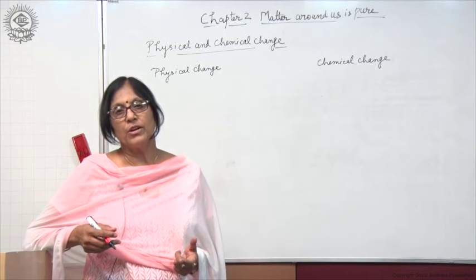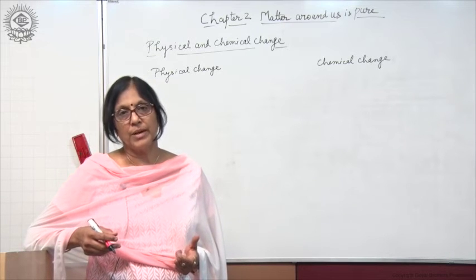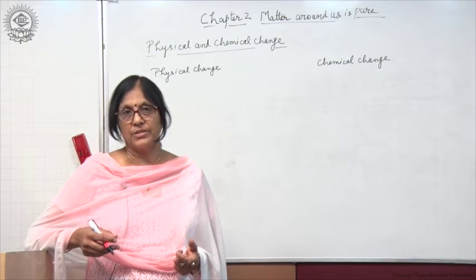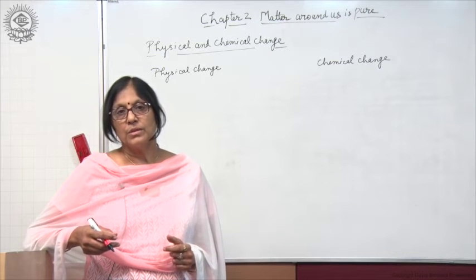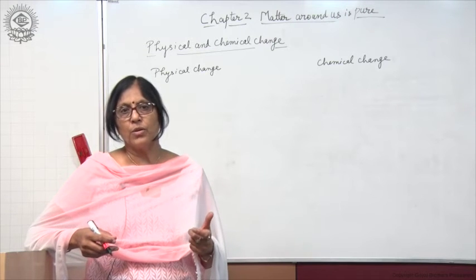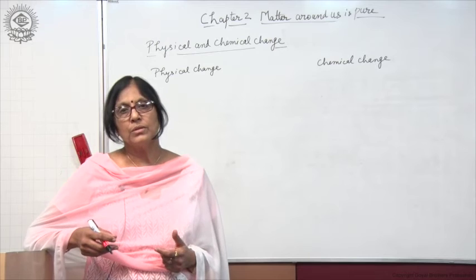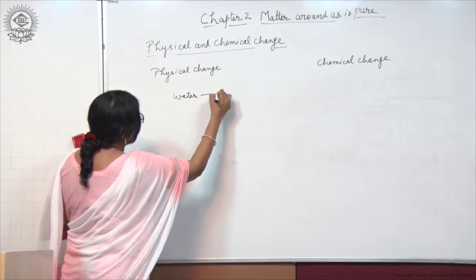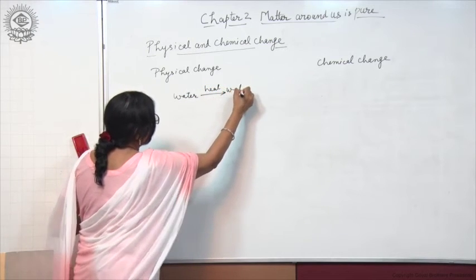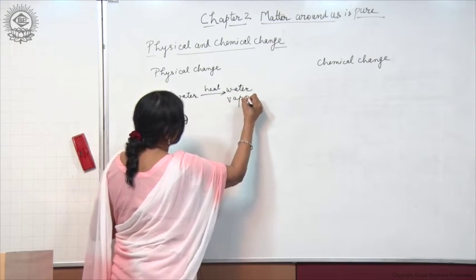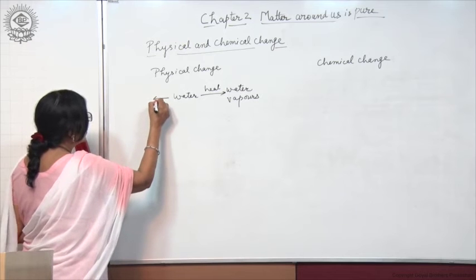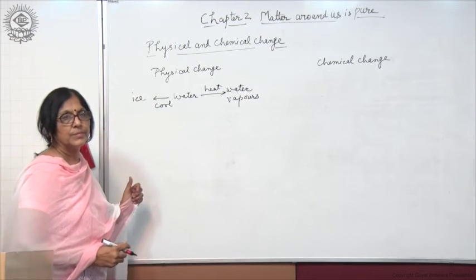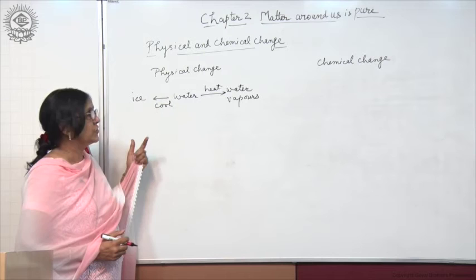In the previous chapter, you have studied about the physical properties of matter, like rigidity, color, fluidity, melting point, density, boiling point, etc. Now, you are all aware of the fact that water on heating changes into water vapors, and on cooling it changes into ice. Now, think about it. Is it a physical change or a chemical change?